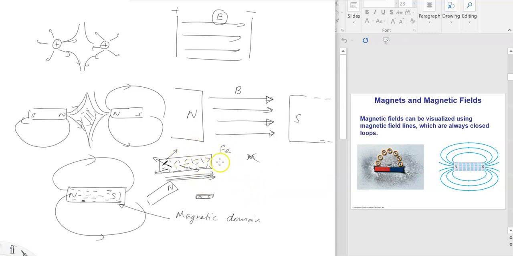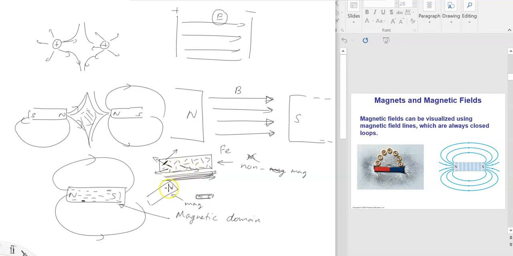So this is a non-magnet, initially a non-magnet. This is a magnet. Take the good magnet and slide it over the non-magnet a couple of times, 20-30 times.